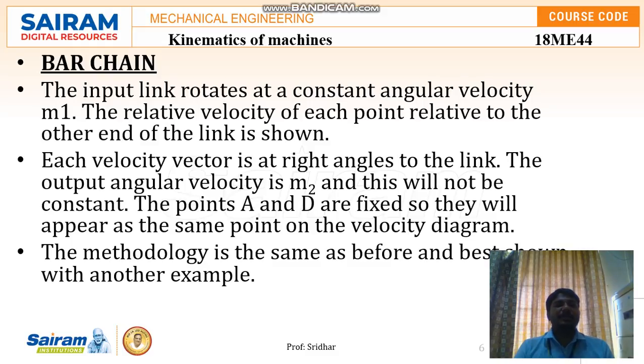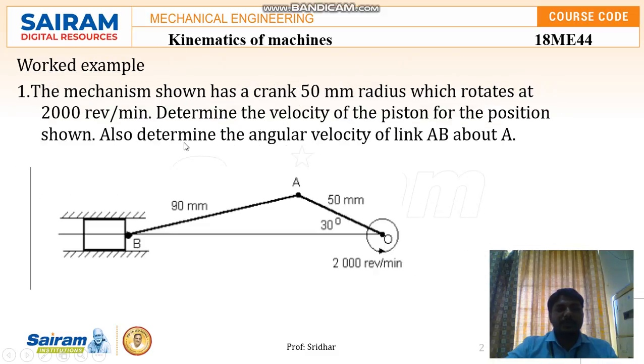Now coming to the bar chart, this is how we analyze the problem. The input link rotates at a constant angular velocity for M1, for condition 1. The relative velocity of each point relative to the other end of the link has been shown; you can see it in this diagram.